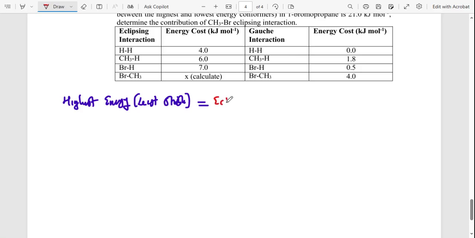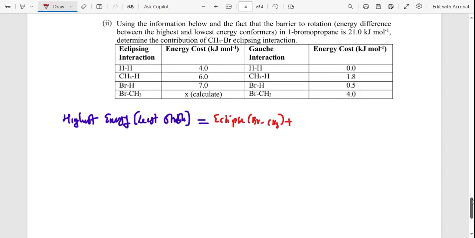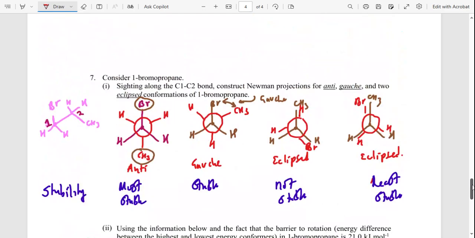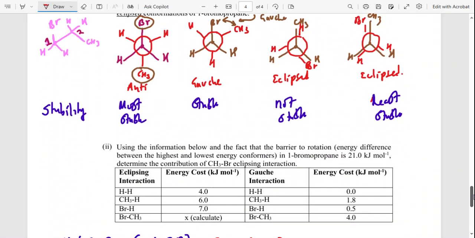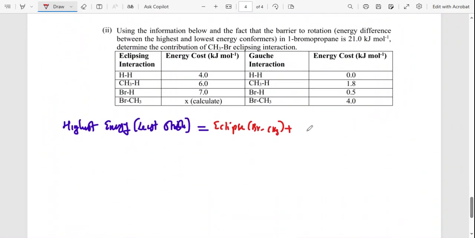So eclipse Br-CH3, plus, that's not the only energy. We have got also eclipse between H and H, and H and H again. So we're going to just say plus 2 eclipse between what? Hydrogen and another hydrogen.